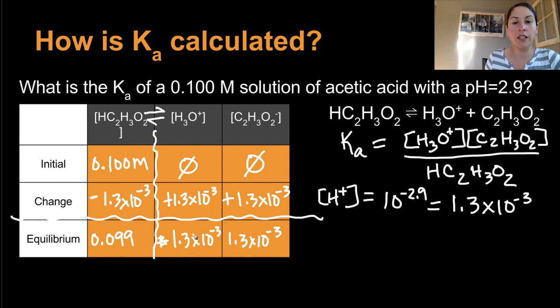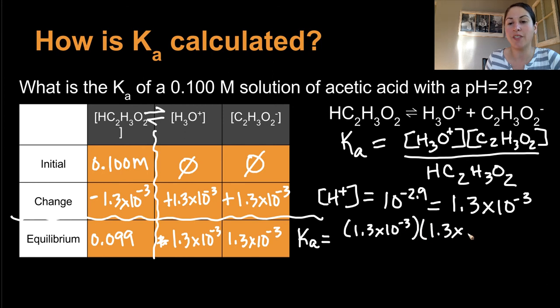So now I can plug those into my expression. To find my Ka value, on the top I'm going to have 1.3 times 10 to the negative third times 1.3 times 10 to the negative third, and then I'm going to divide that by 0.099.